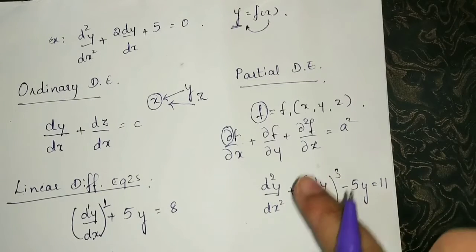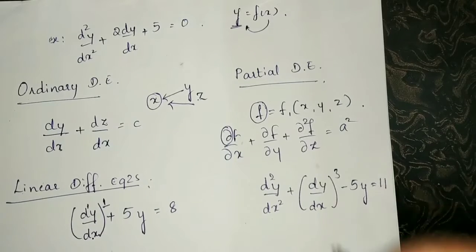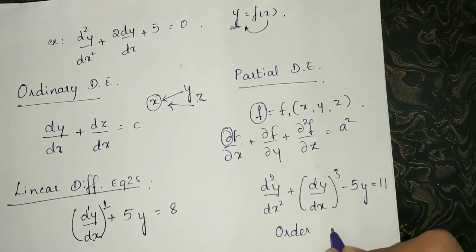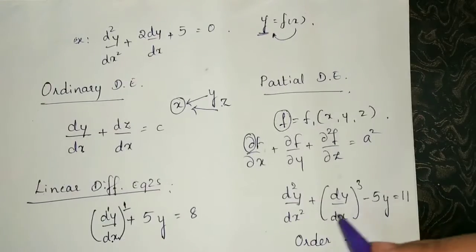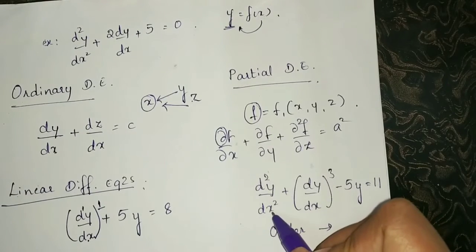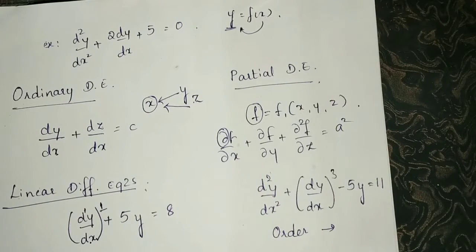If you calculate the order and degree of this differential equation, you can see here that d square y by dx square is there, and dy by dx is there.